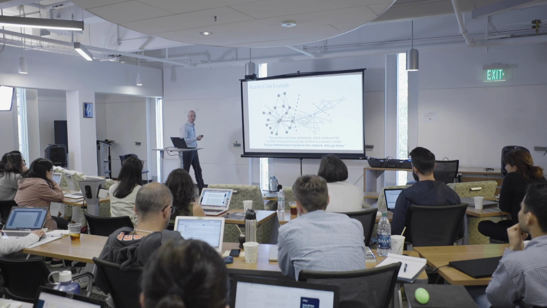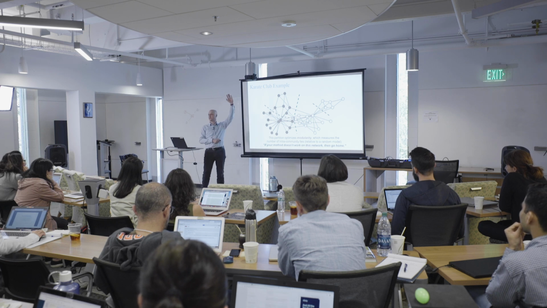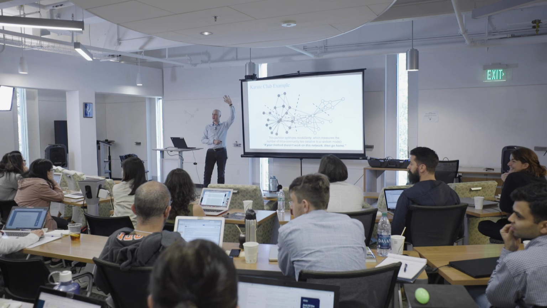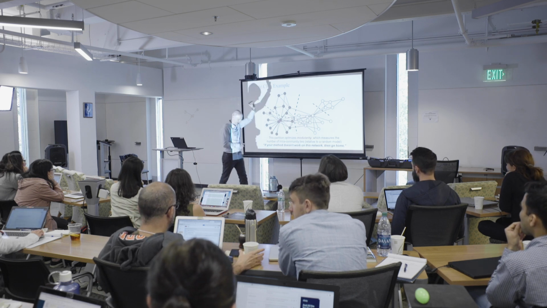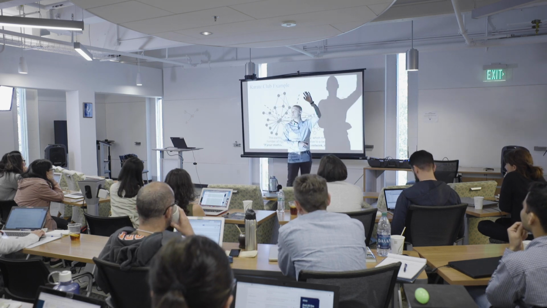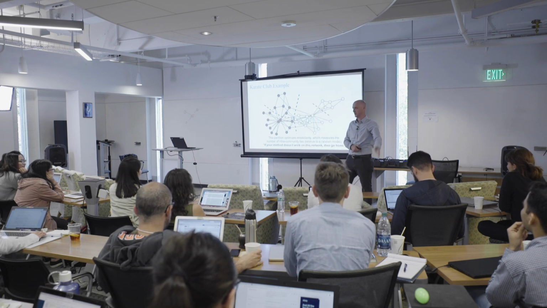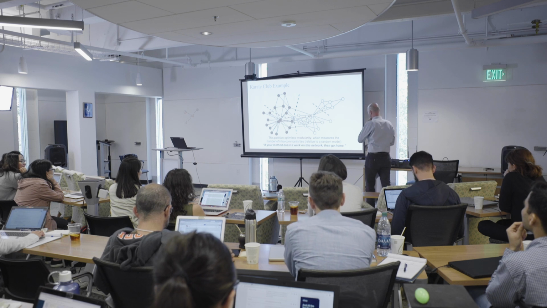Okay, so who knows the story of the Zachary Karate Club? A few of you nodded, but many of you do not. Okay, so this is probably not truth. You should actually go look at the paper, but this is sort of the urban myth version of Zachary's Karate Club.